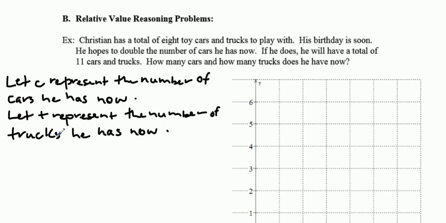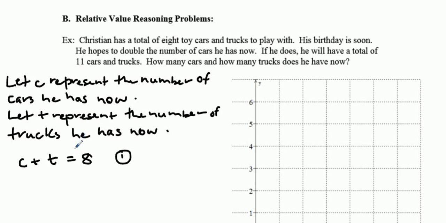Okay, so he has a total of 8 toy cars and trucks to play with now. So my first equation would be, okay, then C, cars plus trucks, equals 8, because that's the number he has now. And then that's my first equation.